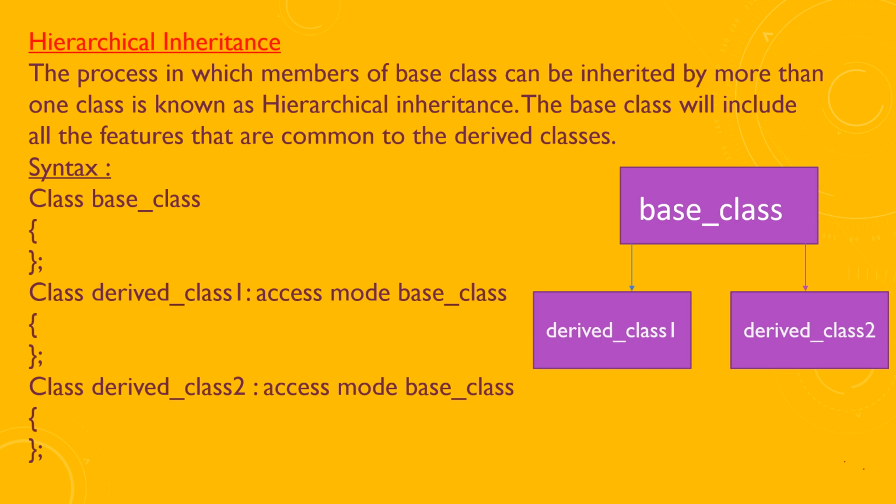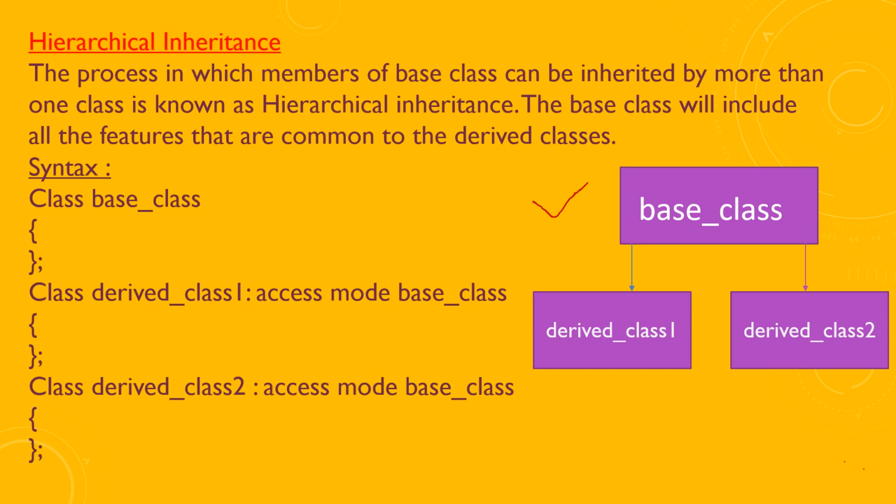Here there will be one base class, as in this diagram also you can see, and because there is one base class there are more than one derived classes, and we can have more than one, that means 2, 3, 4, however many we require in our program.